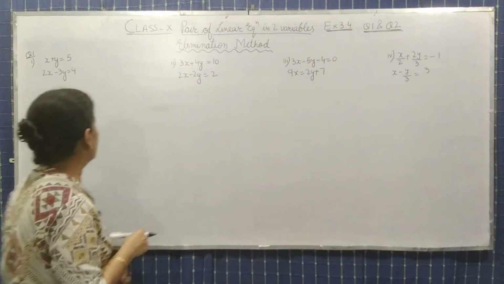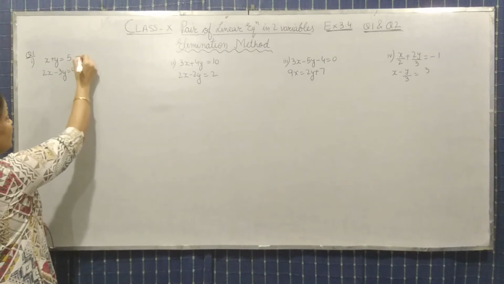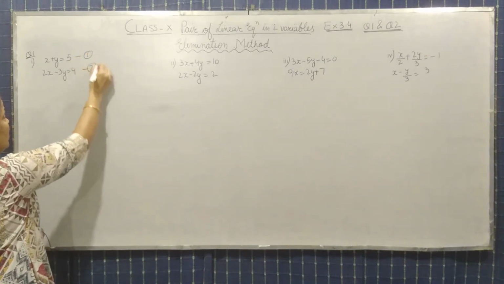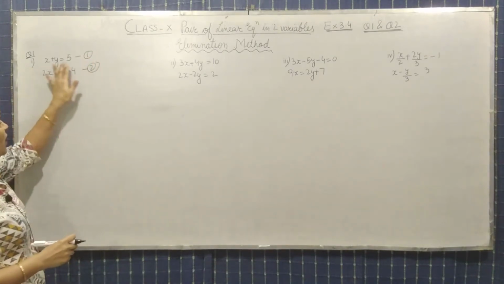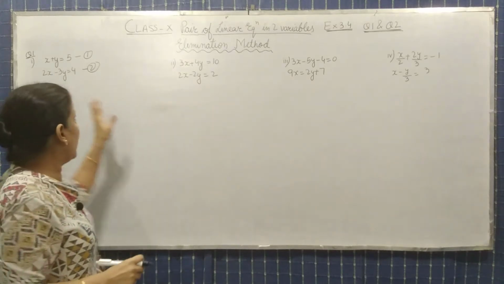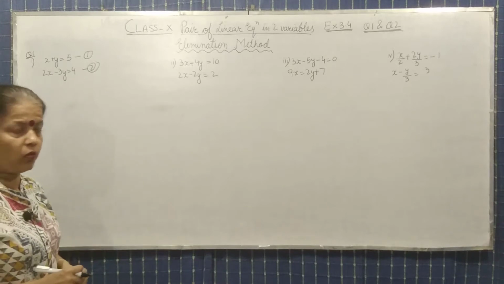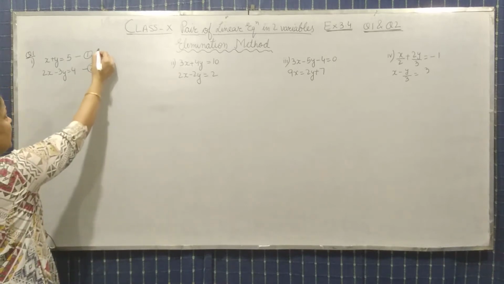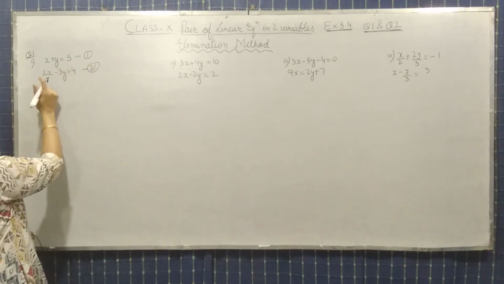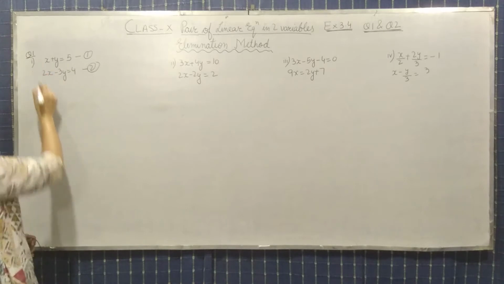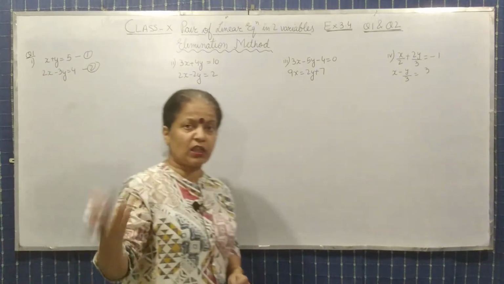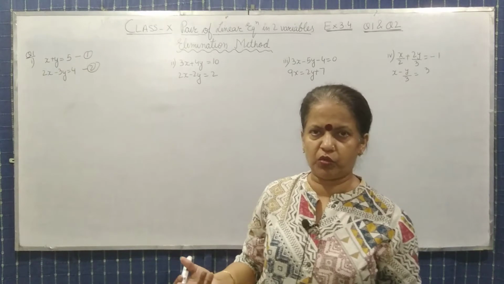So let's go further. Now if you see here, in equation 1, x plus y equal 2 is given. And in equation 2, it is given 2x minus 3y equal 4. So what we will do, हम क्या करेंगे, दोनों के variable x की coefficient को same करने की कोशिश करते हैं.